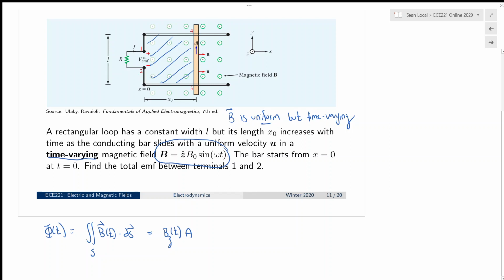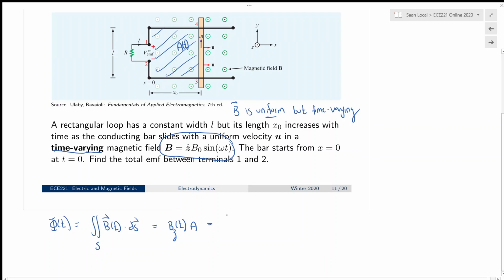So we realize that since this bar is sliding over to the right, this area is actually a function of time. It's a linear function of time because the width of the rectangular loop is a linear function of time, whereas the height of the loop is obviously unchanging. So we can write that here. Let's first write out Bz. This is B naught times sine omega t.